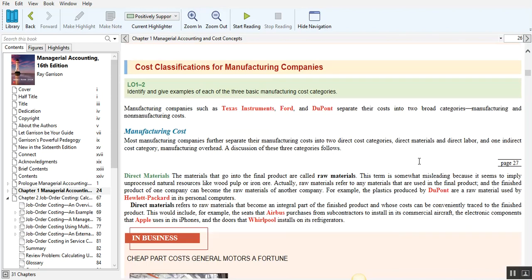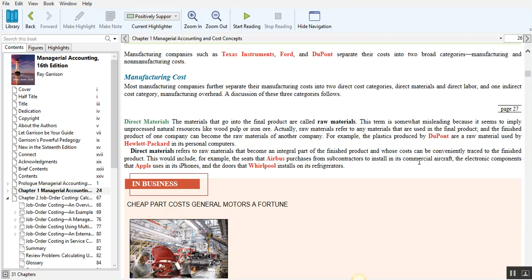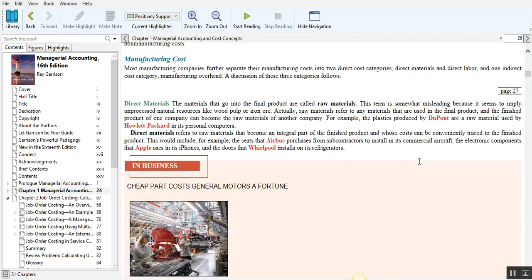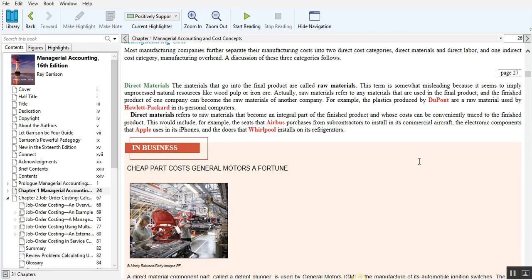Now, if we look at manufacturing companies, we're looking at direct materials, things that go into this particular product. Right after I graduated high school, I worked for a time for an epoxy factory in Indianapolis, and the direct materials that went into the products were many of the chemicals they used to make epoxy, and those were the raw materials.